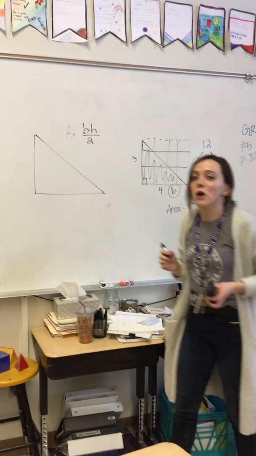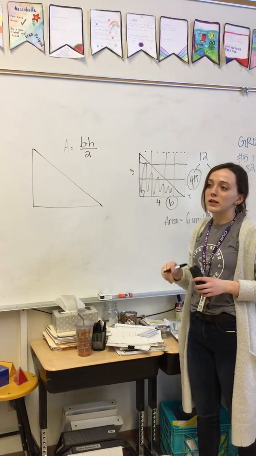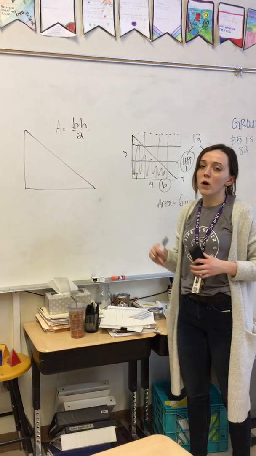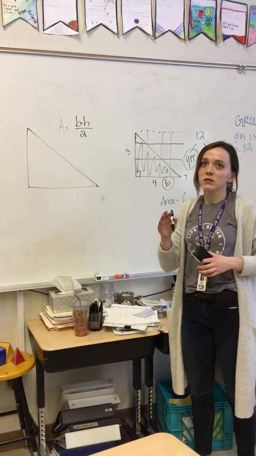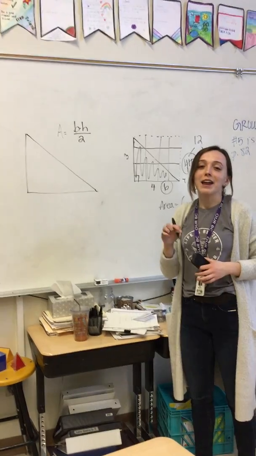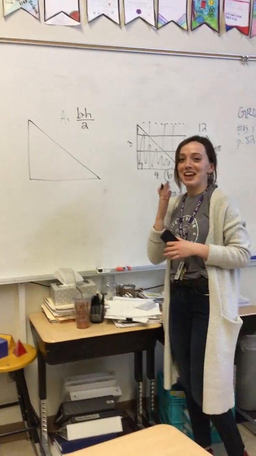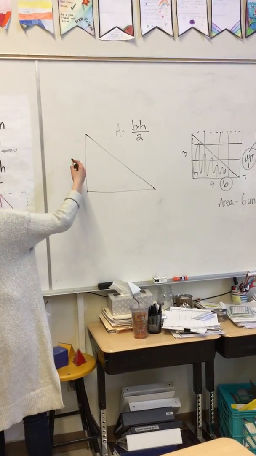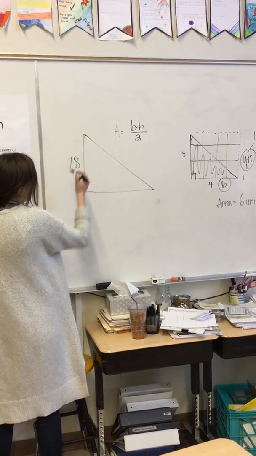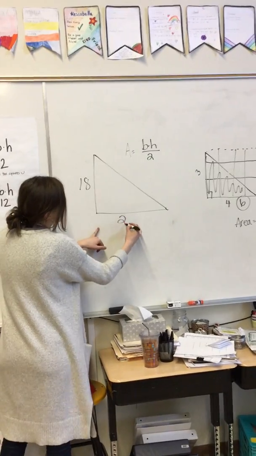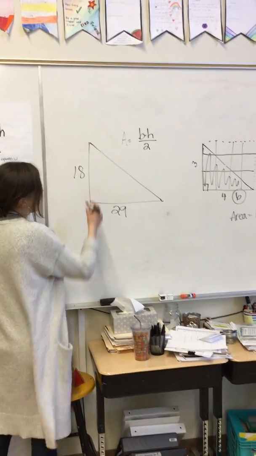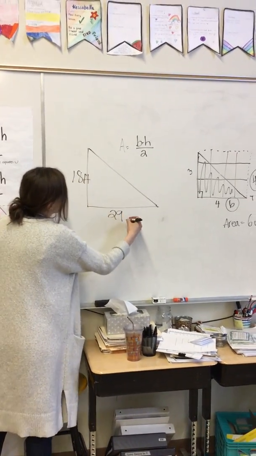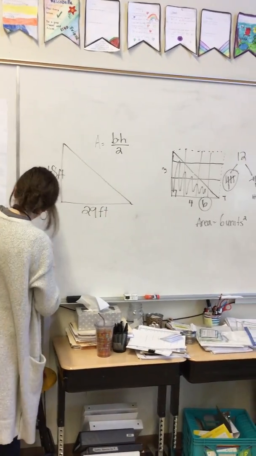Because 2 triangles will always fit into 1 rectangle or 1 quadrilateral, which means 4-sided shape. All right. So if we have the problem of 18 is our height and 29 is our base, and I'm going to say feet this time because I've been really bad about labeling.